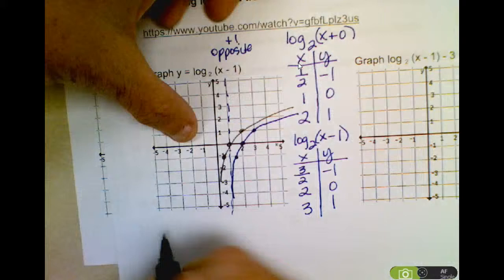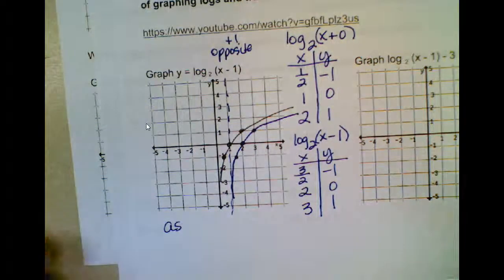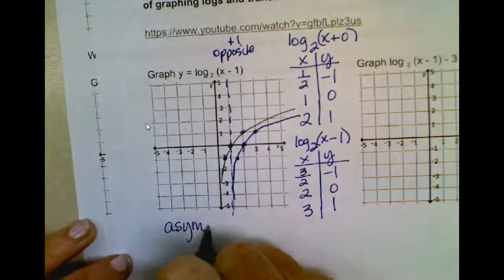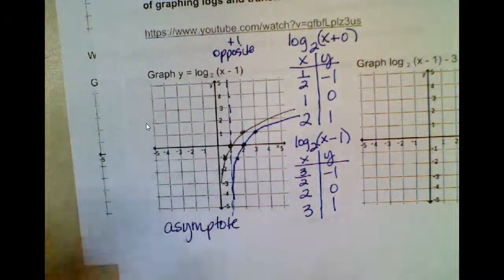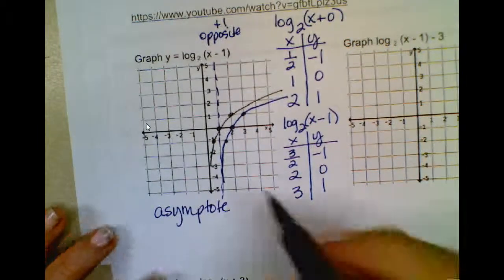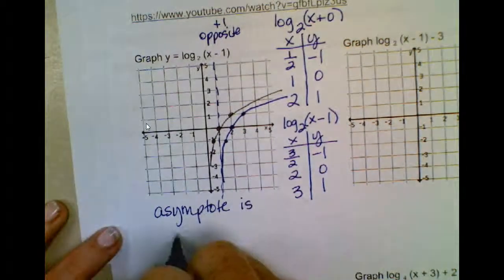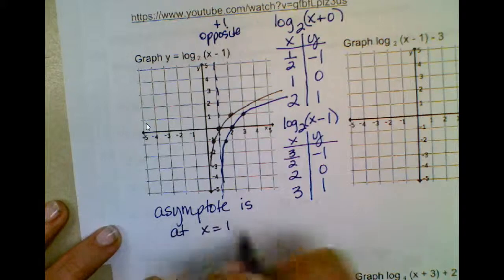And what's going to happen is now the asymptote, our asymptote, or our imaginary line that our graph cannot go past, is at x equals 1.